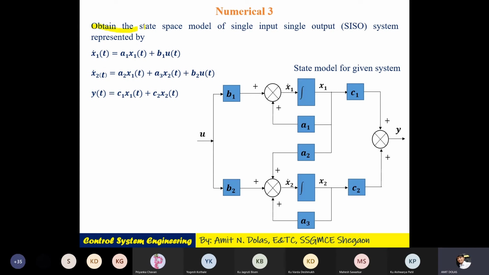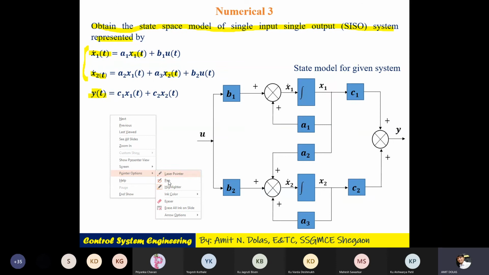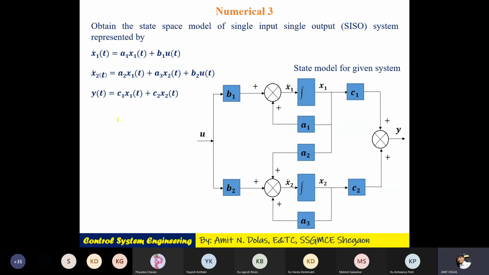In a certain question it may ask, obtain the state space model of a single input single output system represented by this. Very easy. x1 is given, x2 is given, y is given. x1, x2 given, two equations, means there are only two states, x1 and x2 respectively, and y is the output. Let's draw the diagram. The state space model has to be found. So what I said earlier, you have what?